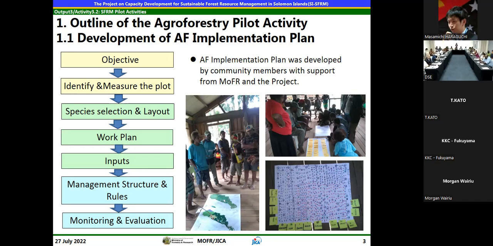As you can see from the picture, they make their plot layout, and develop their own implementation plans and their land use plans. Next.